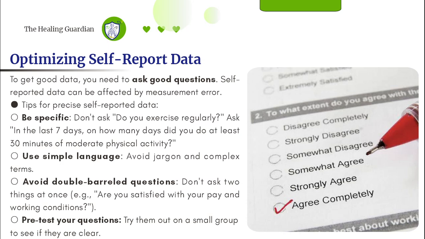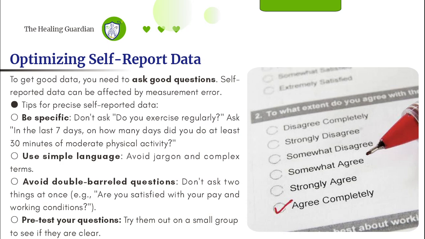Don't ask, do you exercise regularly? Instead you ask, in the last 7 days, on how many days did you do at least 30 minutes of moderate physical activity? Such a question is more specific and the results can be relied upon more.